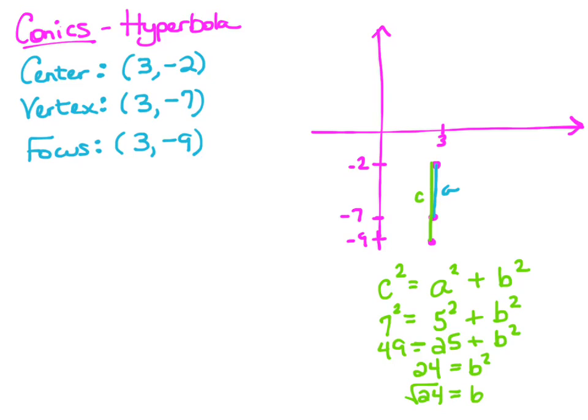So to finish sketching this graph, if b is the square root of 24, that's pretty close to 5. And so from 3, that means we're going to go out to almost 8. I'm going to mark 8 here, and we'll just go just short of that.